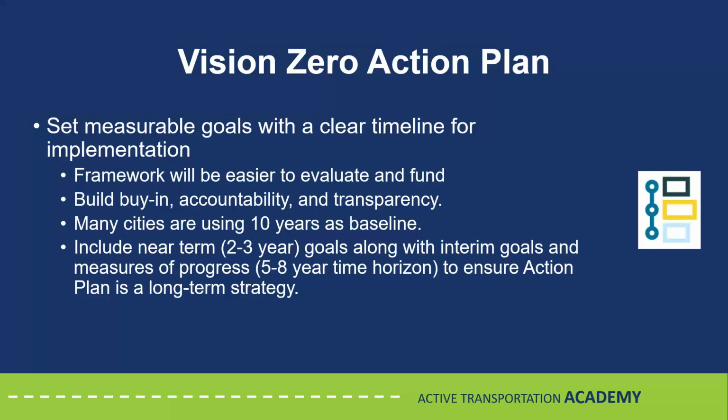Your Vision Zero action plan should include near-term and long-term goals. This will ensure that your action plan is more than just a 1 to 2 year list of priorities, but truly a long-term strategy to eliminate all traffic fatalities and severe injuries while increasing safe, healthy, equitable mobility for all.